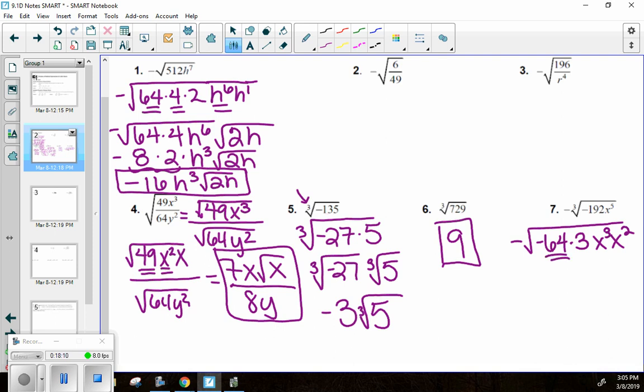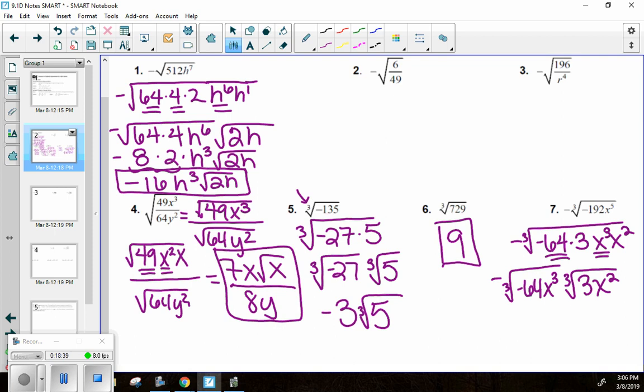Negative 64 is a perfect cube. X cubed is a perfect cube. So I'll be able to take the cube root of those guys. I should put my little cube root there. So I'll be able to do this part, but then I'll also have this other one that'll just hold those other factors that I'm not even going to try to mess with because they would make a messy decimal situation.